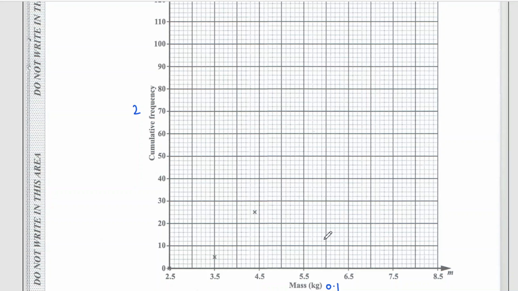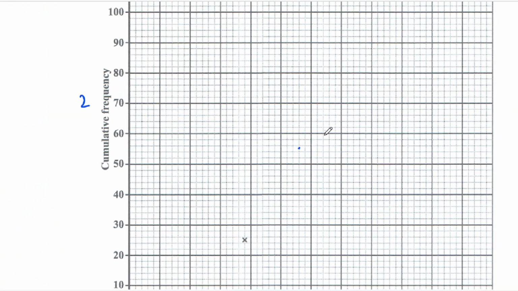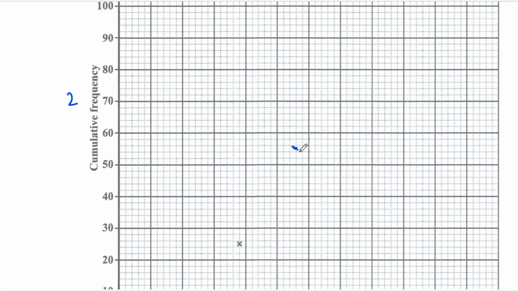So we have to put in 5.3 and 55. 5.3 would be this block here, and 55 would be in the middle here. This is 52, 54, 56, so it will be here. Let me zoom in a bit. So that will be there.